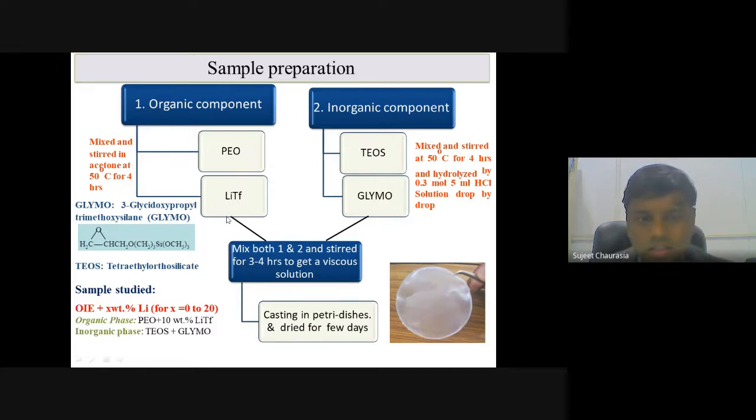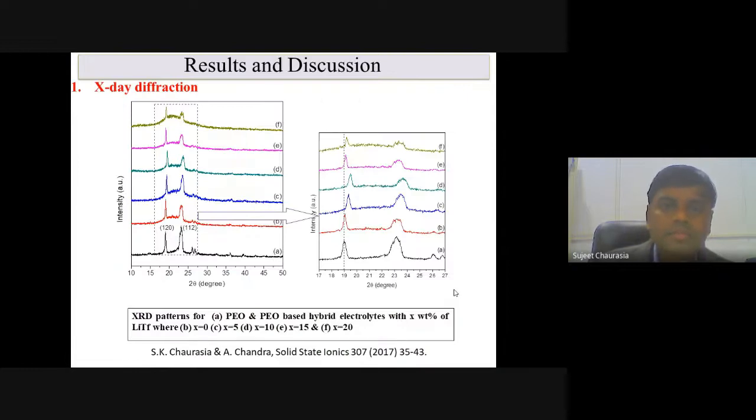The following samples have been studied: OIE plus X weight percent Li, where X represents the weight percent of the lithium salt added to the hybrid matrix. And this is the photograph of our synthesized hybrid polymer electrolyte film with thickness about 200 to 300 micrometer.